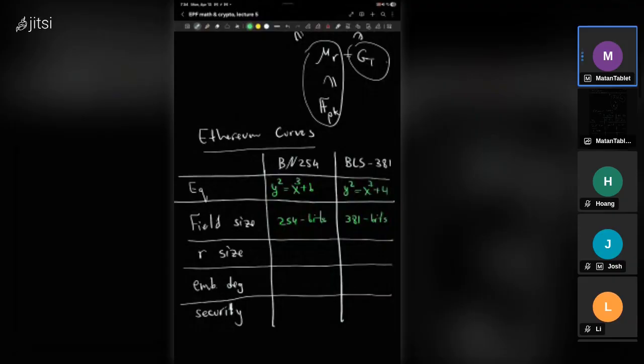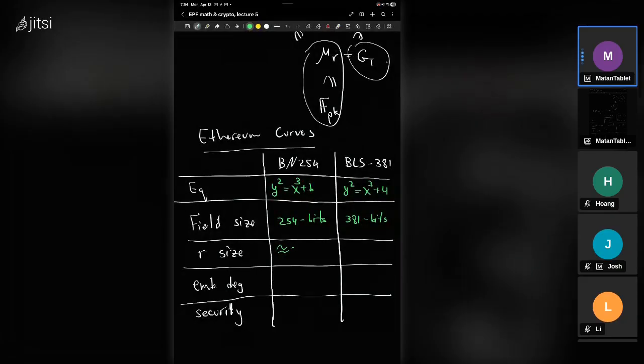The size of r is actually approximately the same size as the size of the field. This is again something that you need to engineer well in order to get a curve with this property, but it's possible to find a curve such that the prime that divides the number of points is very large. It's almost of the size of the whole group.